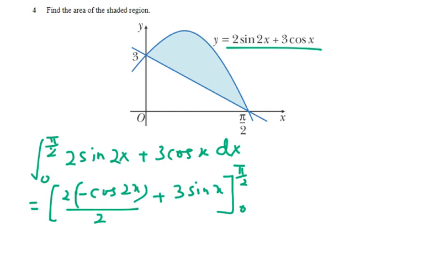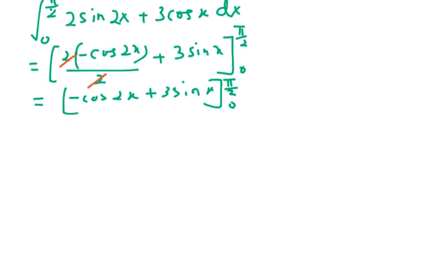Let's proceed to simplify this. What you will be getting is negative cosine of 2x plus 3 sine of x with the limits of pi over 2 and 0. Moving on to the next step, substitute the value in the equation.